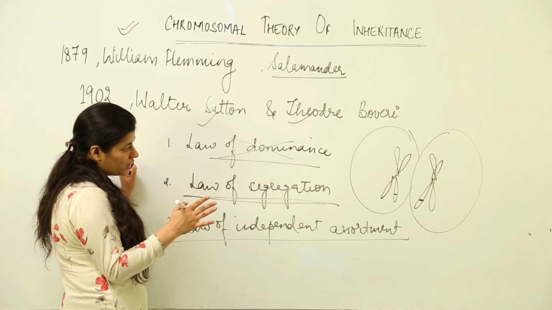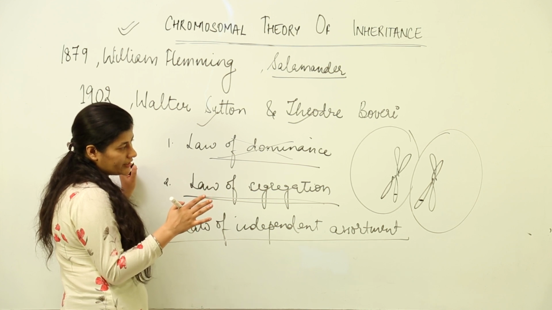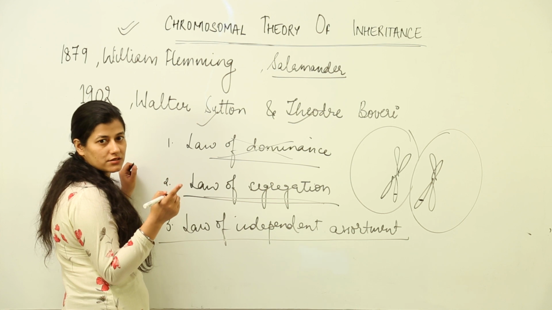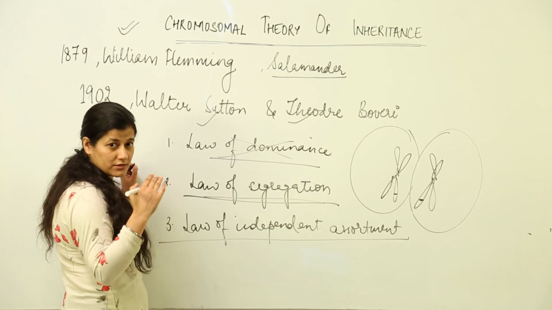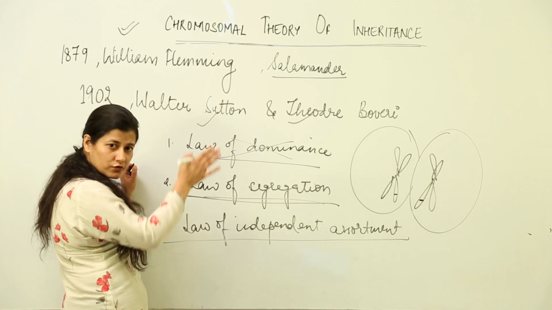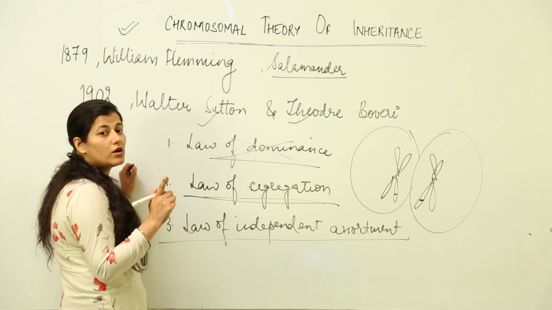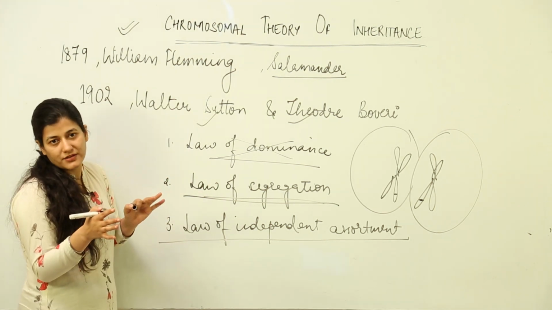As you have studied in Mendelian discoveries, he had 7 characters that he took into consideration, 7 phenotypic characters which had 7 factors behind them and 14 alleles. So that would mean there should be 7 chromosomes, but there are not 7 chromosomes.